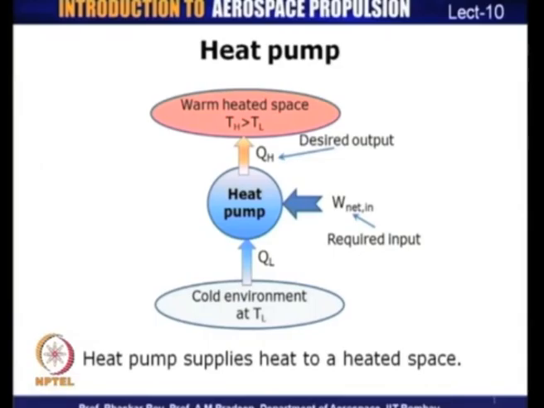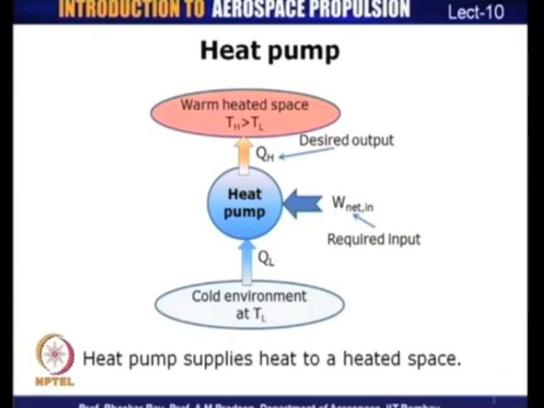A heat pump, on the other hand, is very similar to a refrigerator. You can clearly see that it is also transferring heat from a cold environment to a warm heated space, but the desired output is different. In the case of a refrigerator, we had seen that it was transferring heat from a low temperature refrigerated space to the surroundings. In the case of a heat pump, it is transferring heat from QL to a warm heated space, which is at TH, again at a temperature greater than TL.